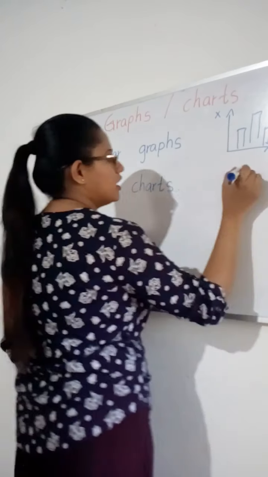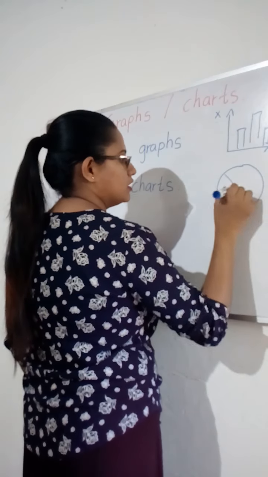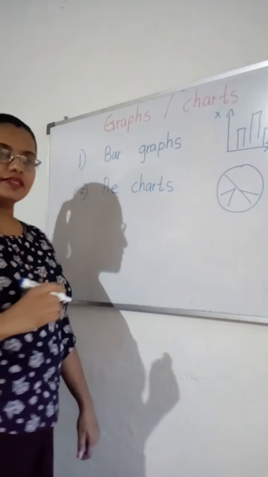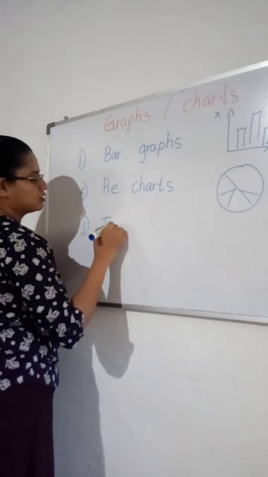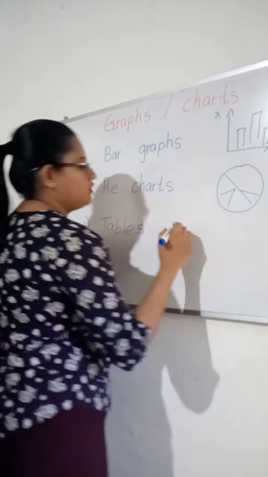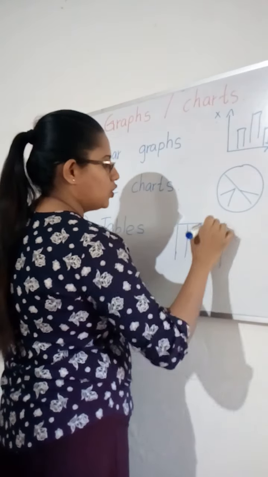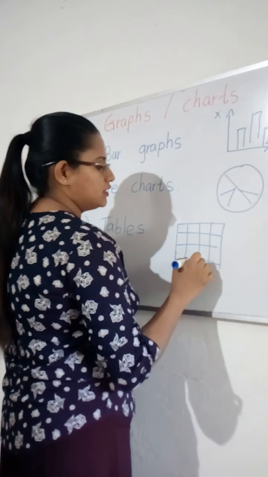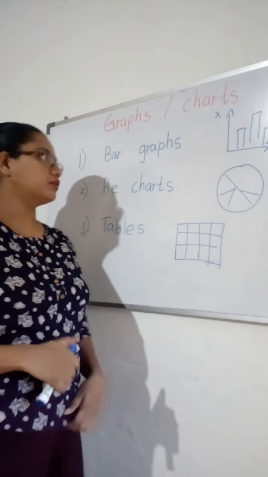We draw pie charts in circles. The things are described inside the circle. Number 3, tables. We can draw tables by using columns and rows. The things are described inside the columns and the rows.